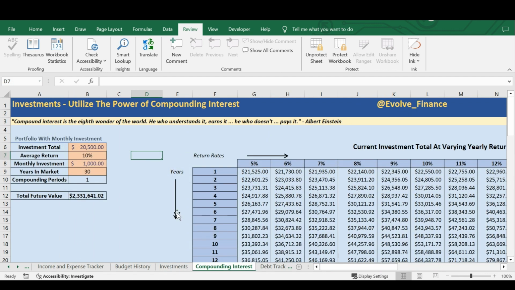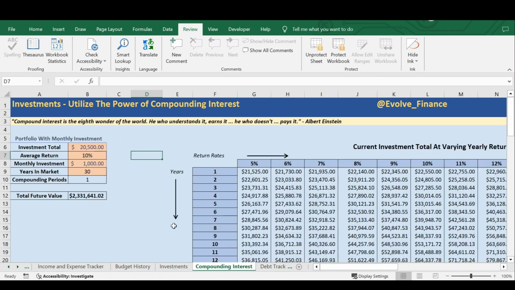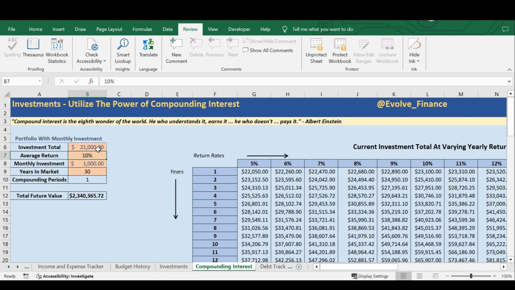compounding interest. Compounding interest is a beautiful tool that works more in your favor the younger that you start. So let's go ahead and use the numbers from our investments tab. Let's say we are starting with $21,000, and let's say the average return is 10% in the market. And let's say you invest $500 each month.